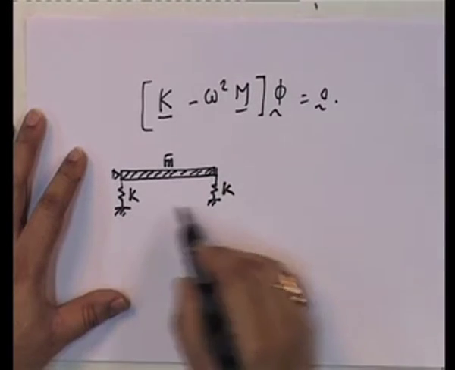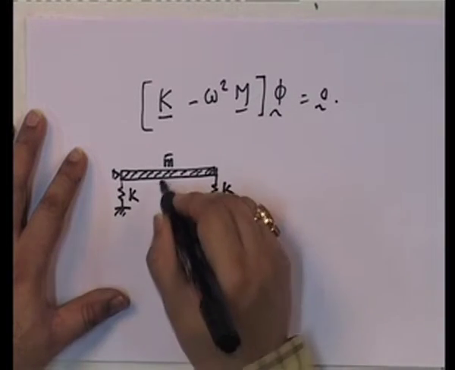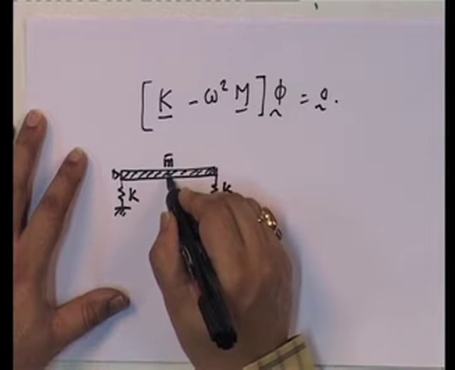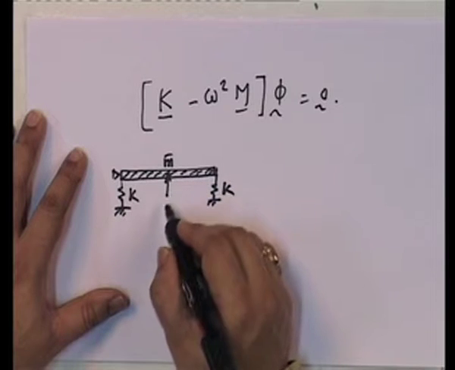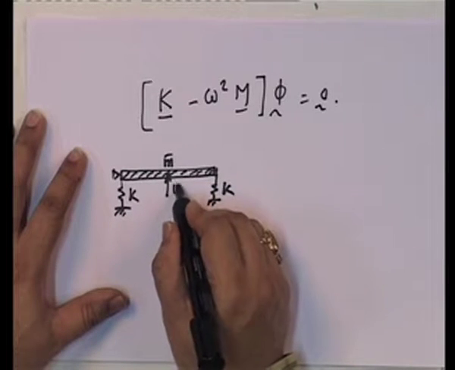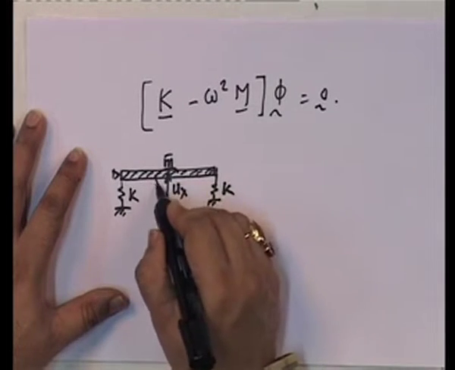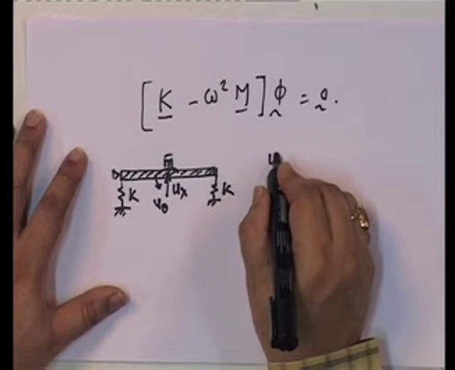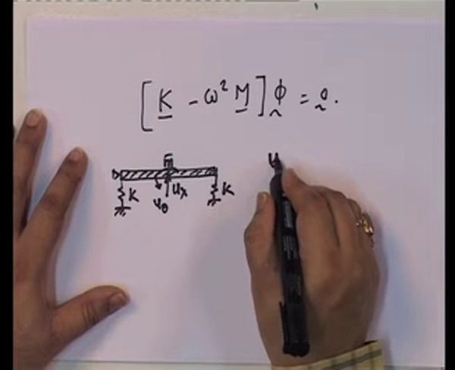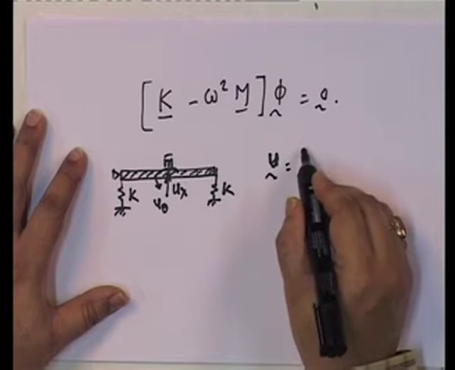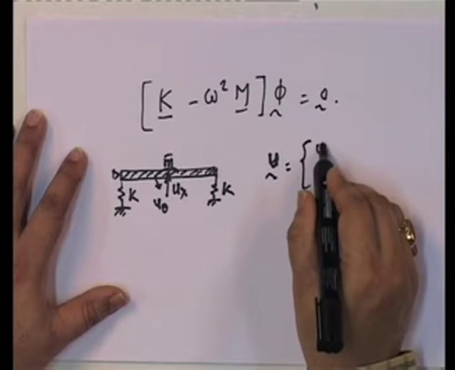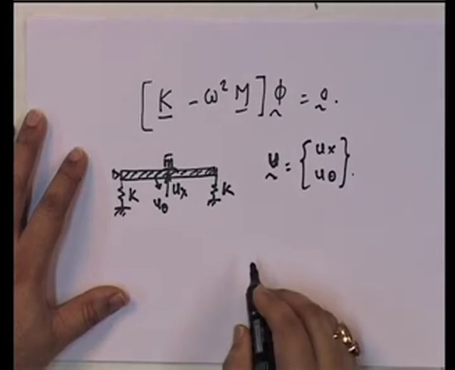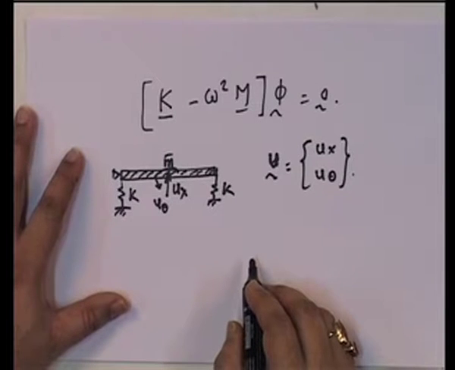We remember we had done k and 2k over here, and we had defined the degrees of freedom u x and u theta, and again I have already derived the mass matrix.